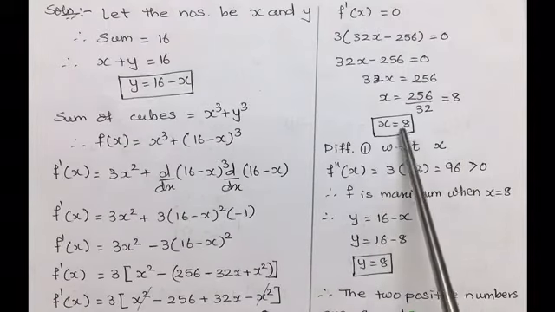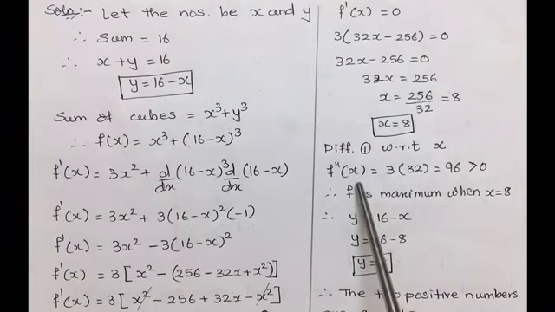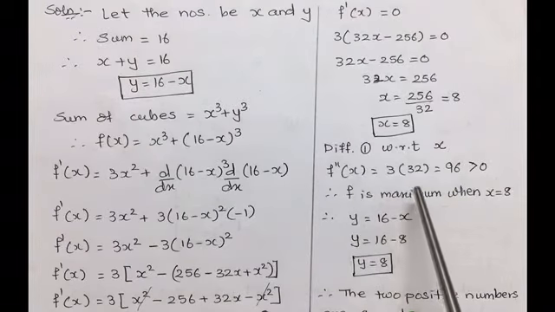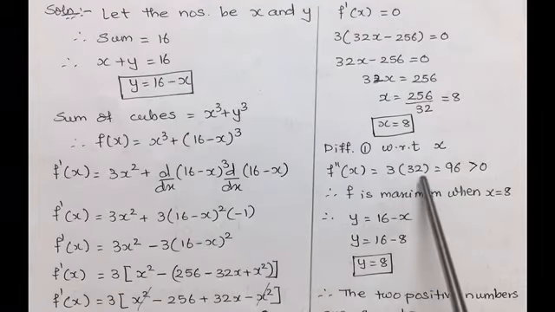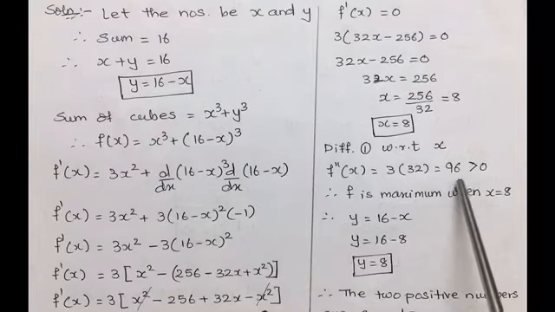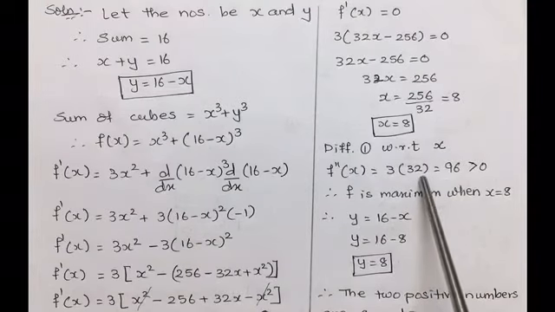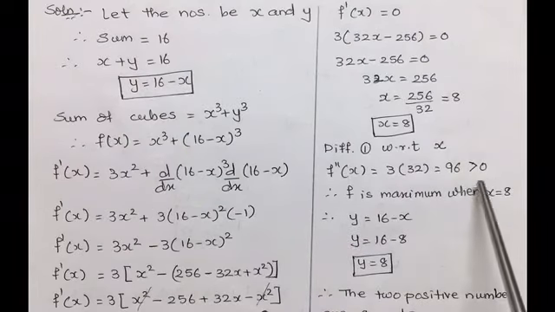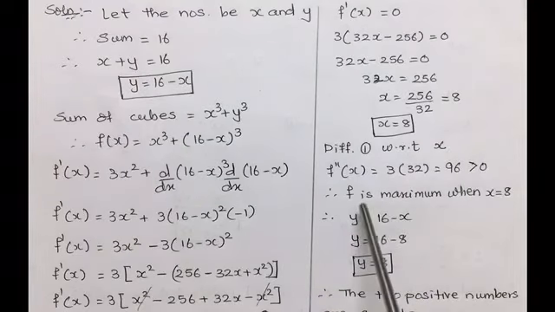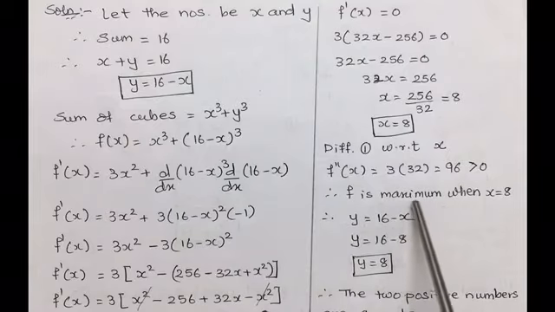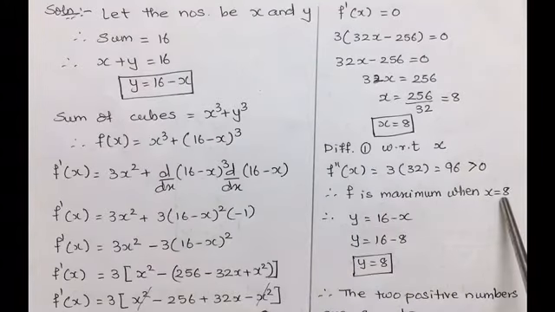So keeping the value of x equal to 8 in the second derivative, the second derivative is 3 into 32x. So 3 into 32 is equal to 96. We don't even need to keep the value of x in the second derivative. It becomes greater than 0. So f is minimum, write here minimum, when x is equal to 8.